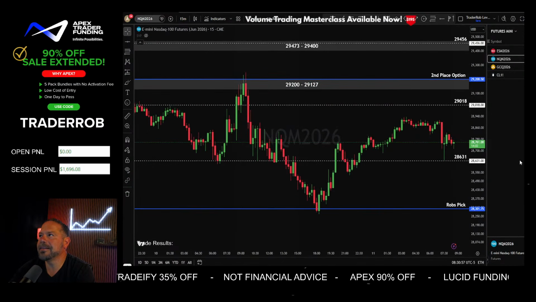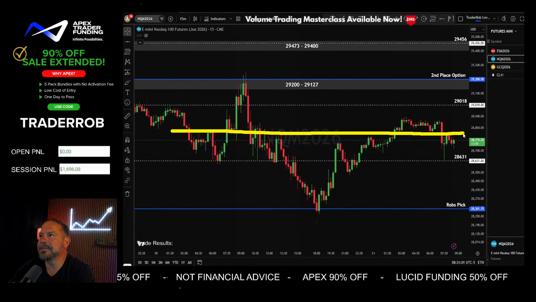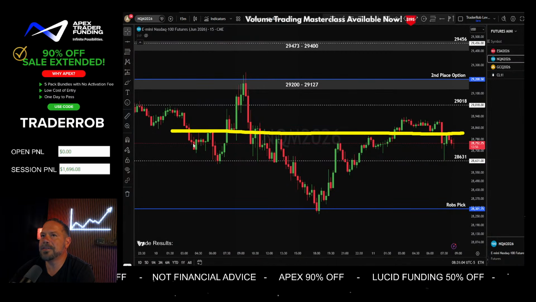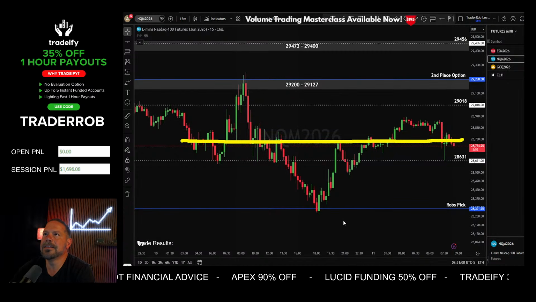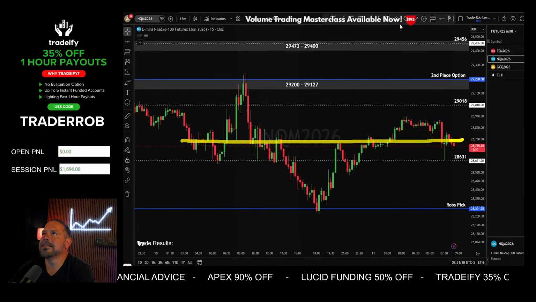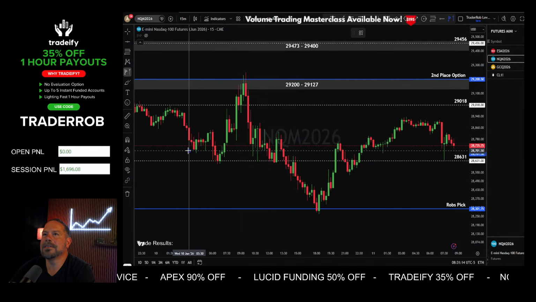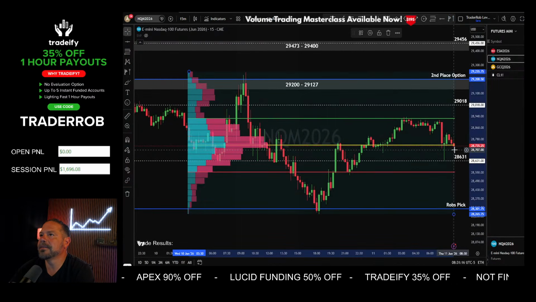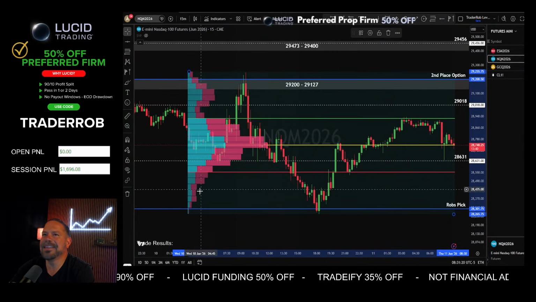Seems like a pretty decent spot right around here for a point of control, fair value, probably somewhere right there. If we were to draw one out from this price action, let's see. Pretty close.